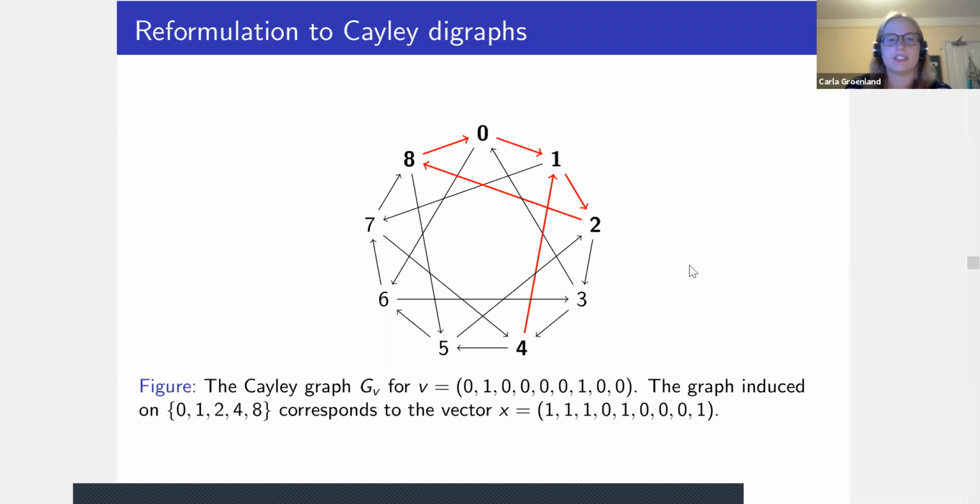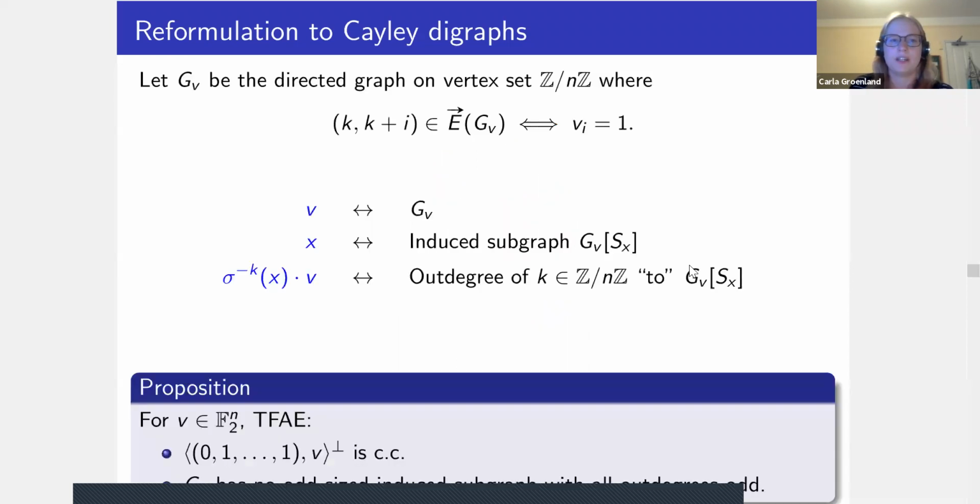And it turns out that the size of this subgraph and the outdegrees in the subgraph tell us something about whether or not x can be covered by the union of the shifts of the space that we consider. So we can associate this product that we're interested in with the outdegree of the element k in this subgraph.